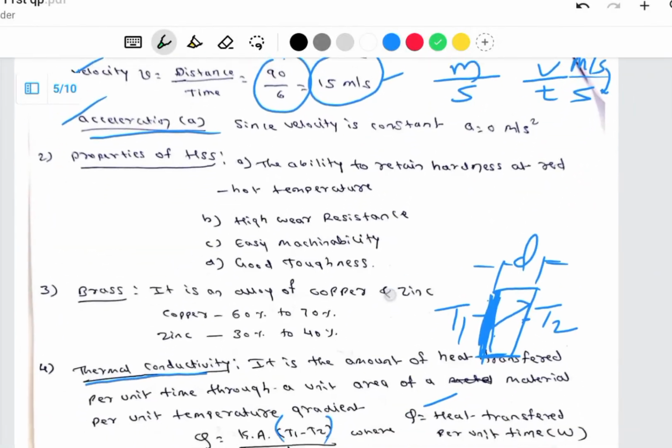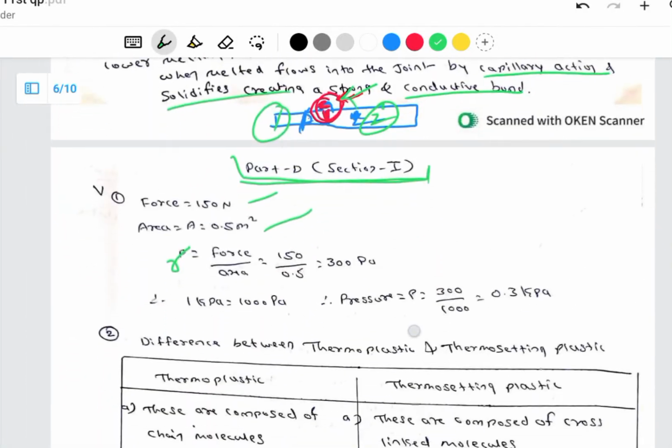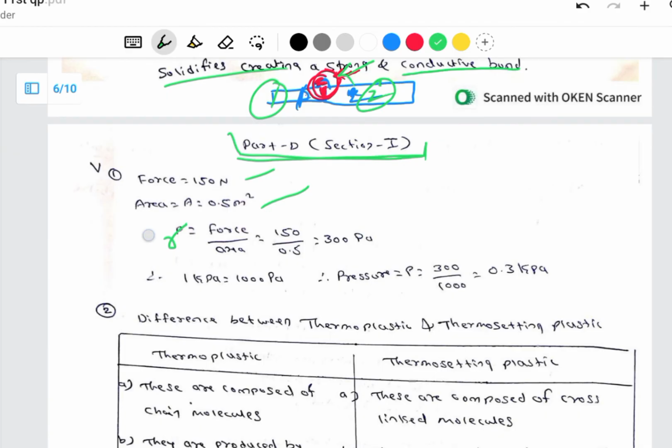So here you can see area has been given. So stress is equal to what? Or else, sorry, pressure is equal to what? You can say force upon the area. Force upon the area also it is correct. Okay, stress is also calculated as force by area, and pressure also force by area.